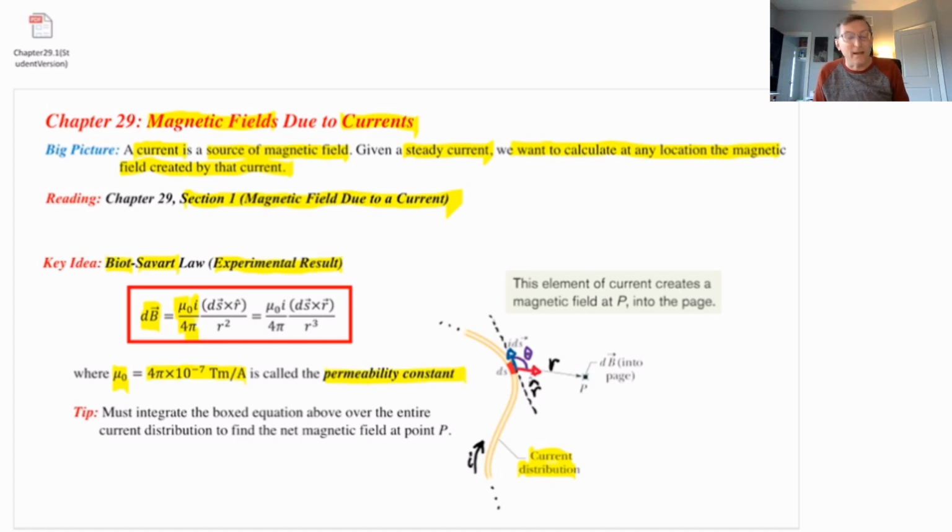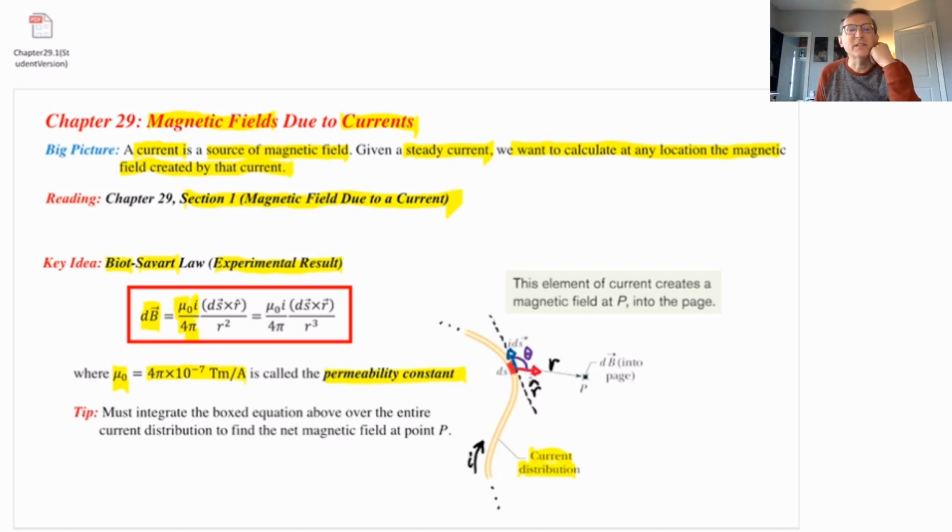And it's going to show up now for the next several chapters. And it is the constant that appears in the magnetic field law, okay, for dB. Mu 0. It's upstairs. We know its value. We know its units. And we know its name. Now we're just going to have to carry it around, as it were.